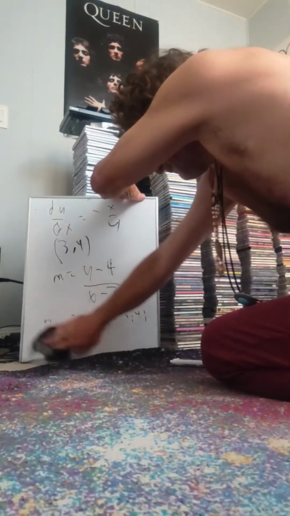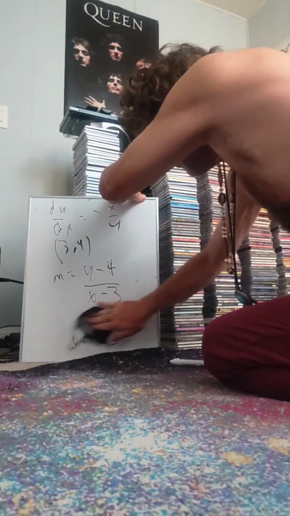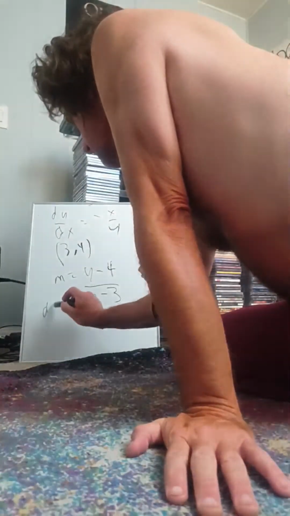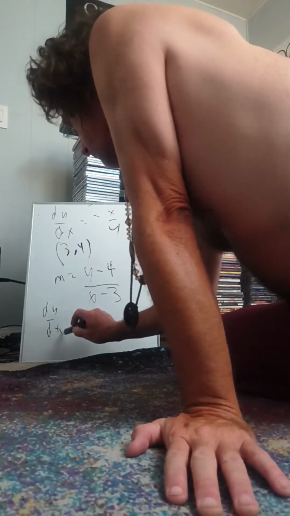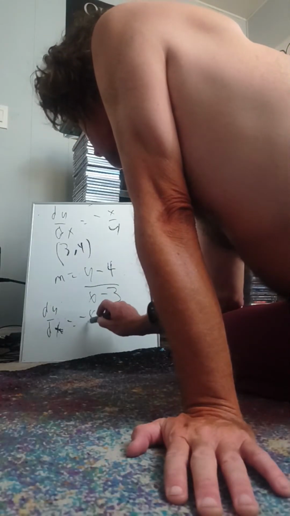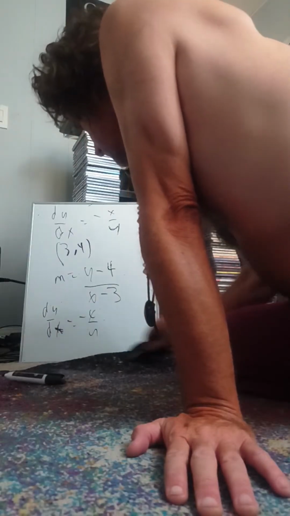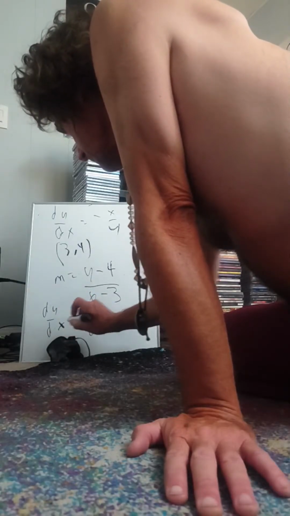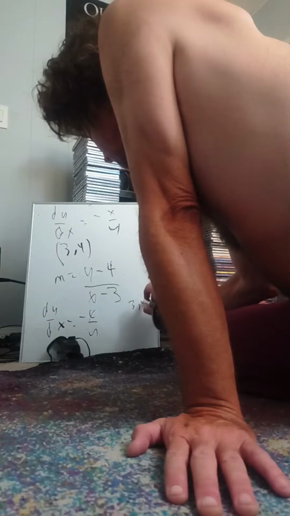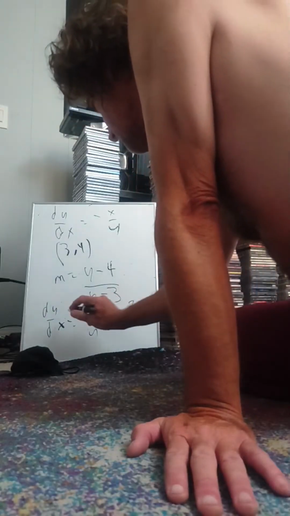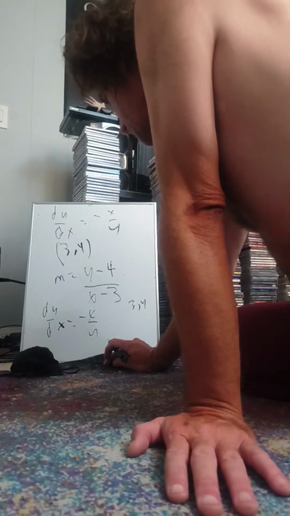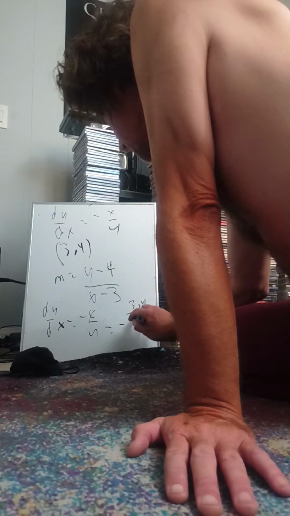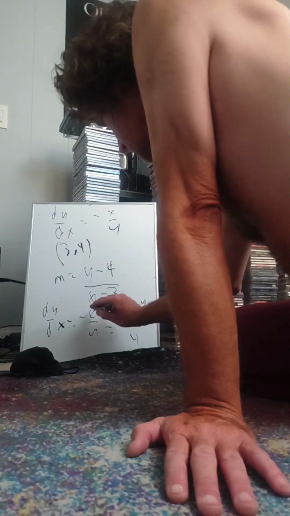But dy dx equals negative x over y, and we just said we're doing the point 3, 4. So x is 3, y is 4. So the slope at that point is minus 3 over 4.